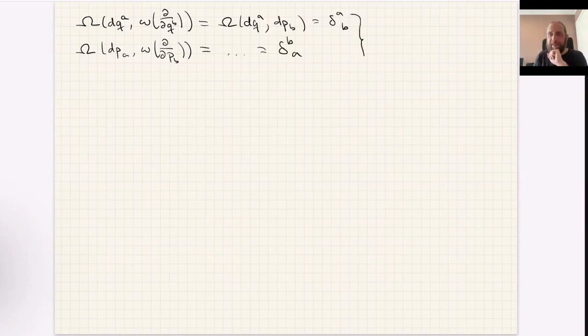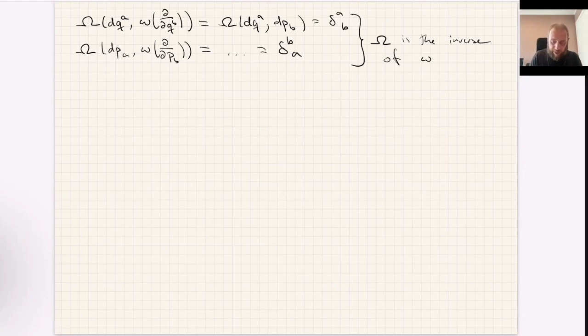So what this means is that inserting the lowercase omega into the second argument makes capital omega the inverse of the lowercase omega.